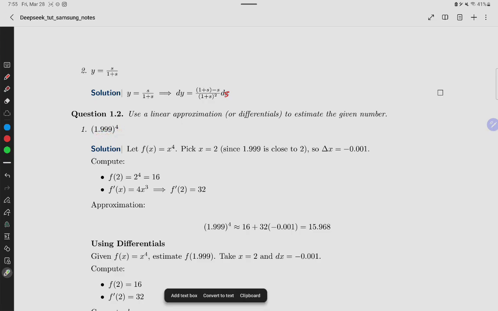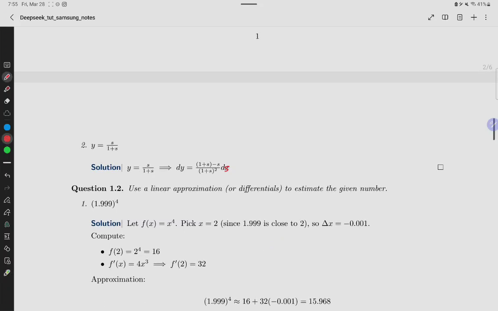We'll assume a function x to the power 4, and in this way, because what we do know is that the linear approximation of any function is the functional value plus the derivative of the function at the particular value, and then x minus that particular value, right?